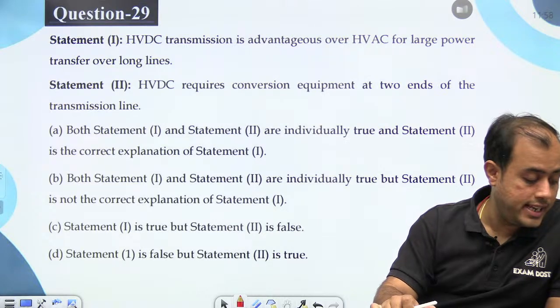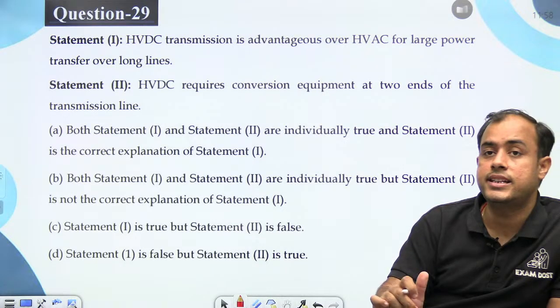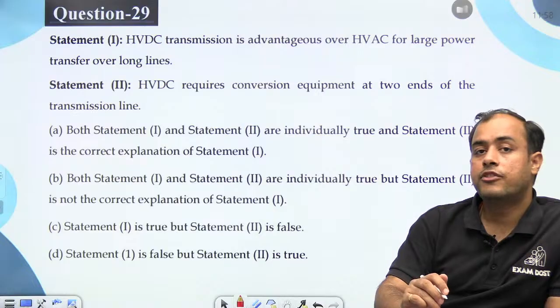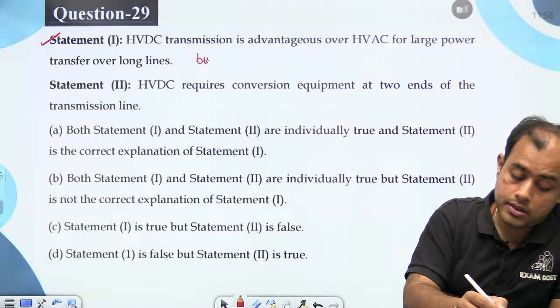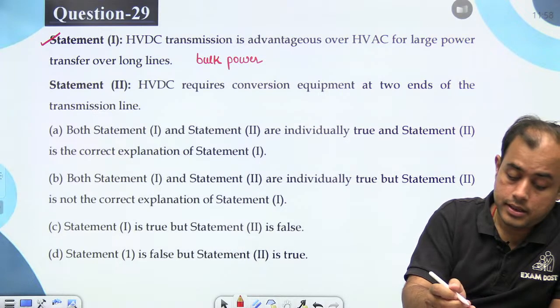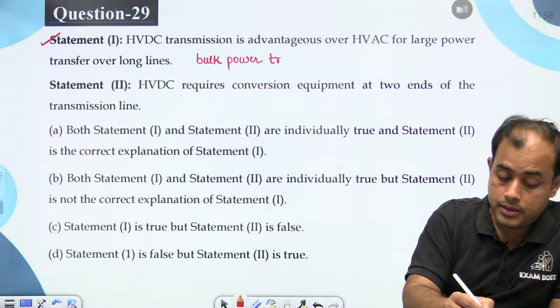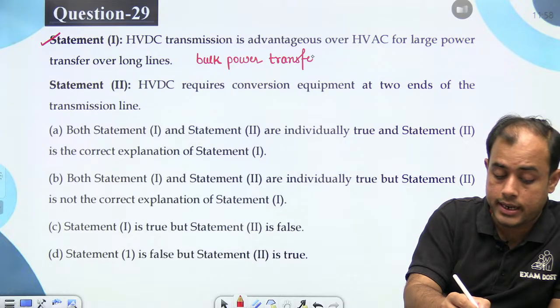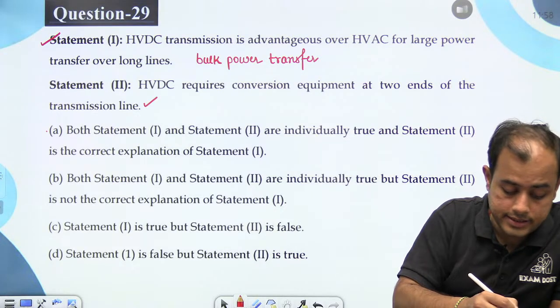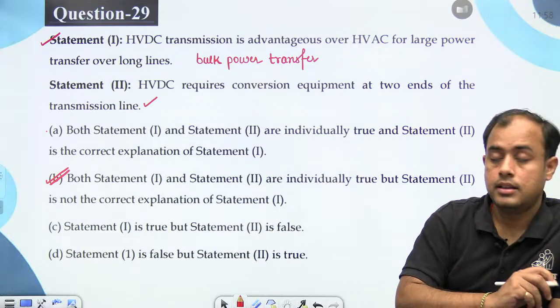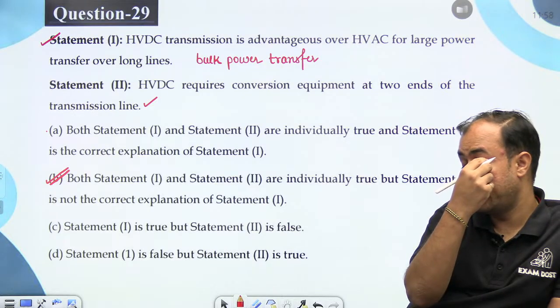ESE 2015, HVDC is advantageous over HVAC for large power transfer over long line. Yes, you call it bulk power transfer. HVDC requires converter at the 2 ends, correct, but that is not the reason. ठीक है, ज्यादा पावर और लॉन्ग लाइन पे क्यों भेजते हैं?